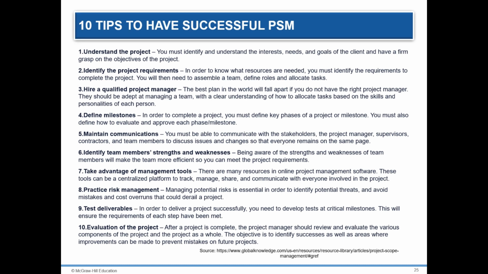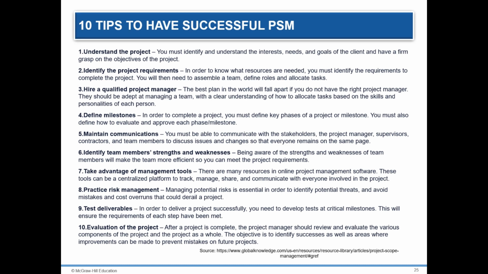Thirdly, hire a qualified project manager. This can be a very essential step. The best plan in the world will fall apart if you do not have the right project manager to implement it for you. They should be adept at managing a team, with a clear understanding of how to allocate tasks and resources based on the skills and personalities of each person.